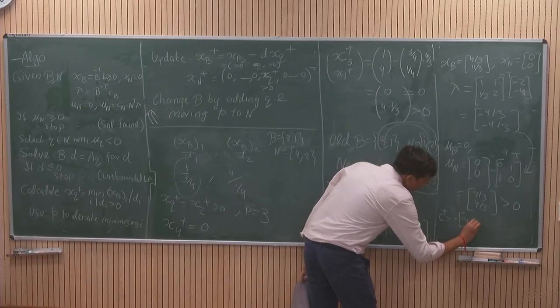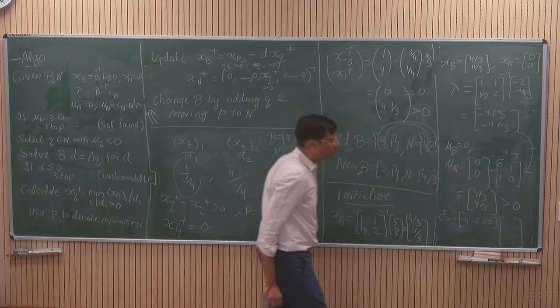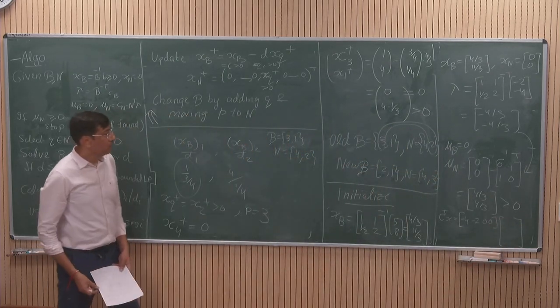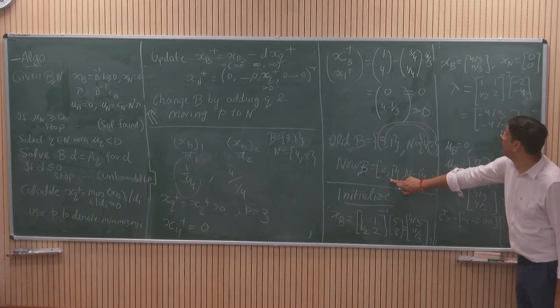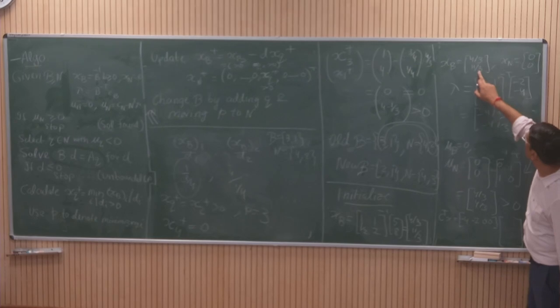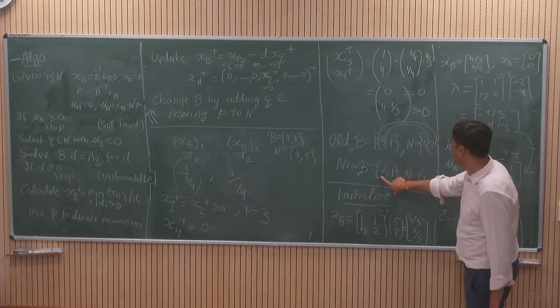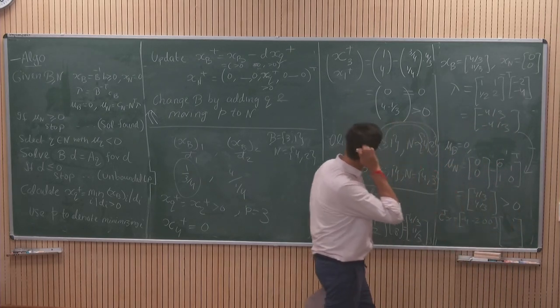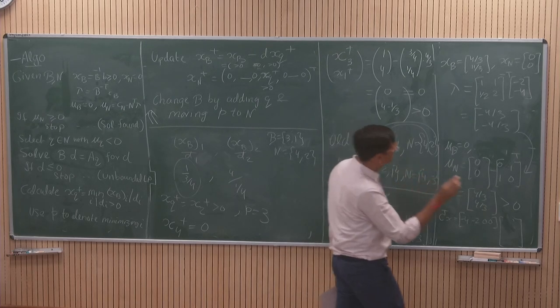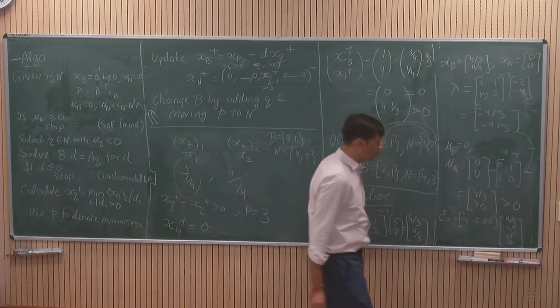C transpose is minus 4, minus 2, 0, 0. Help me fill the X value. What is the first element? It's the second element of the B. The second element of the B is 11 over 3. The second is the first, so that's the, sorry. Second element of B and the first element of B, and then these two are of course 0.